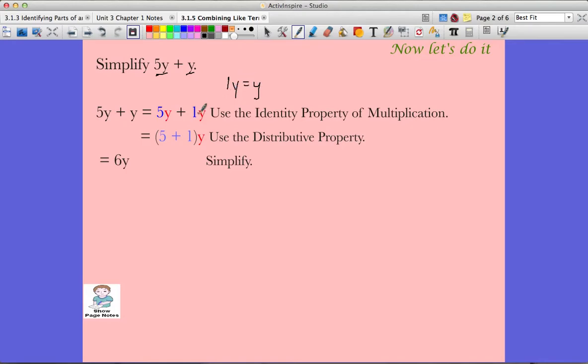So I can replace y with 1y and it would still be the same thing. What that means is then I can take 5y plus 1y and put them together and get 6y. So now all I have to do is input for y and then multiply.